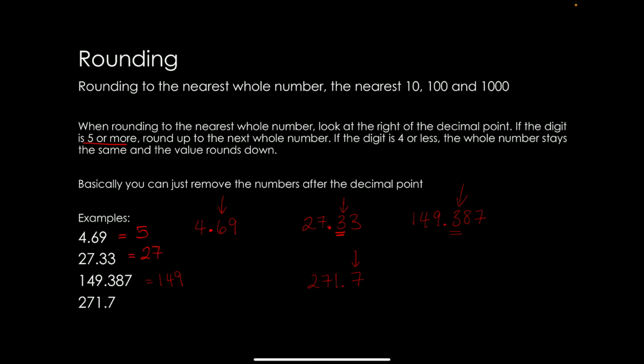If it is 5 or more, we round up to the next whole number. So the next whole number is 272. So our answer would be 272.